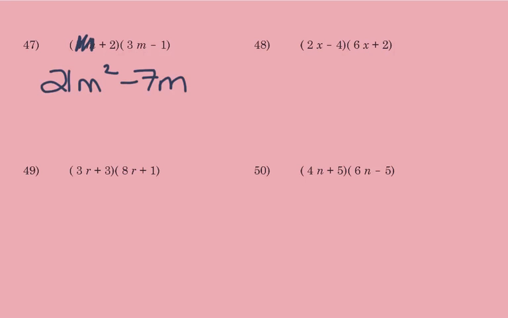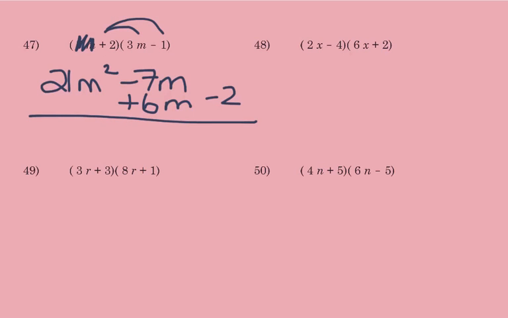And what about 2 times everything? 2 times 3m. 2 times 3 is 6. Keep your m. 2 times negative 1 is negative 2. When I put this together, I just have to add these guys. Everything else stays. Negative 7 plus 6 is a negative 1.